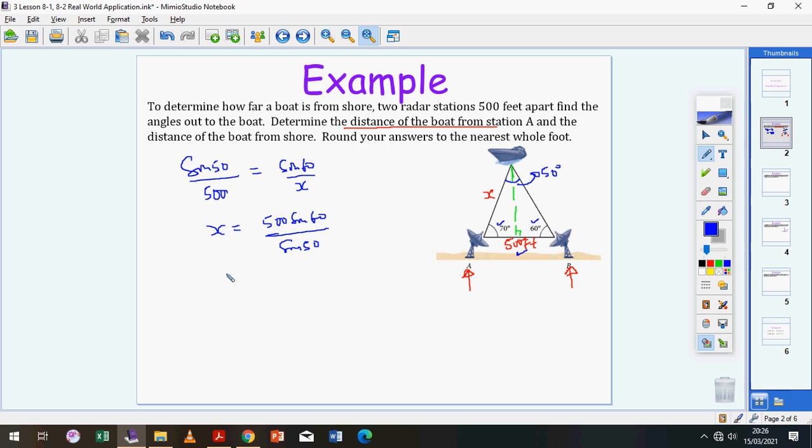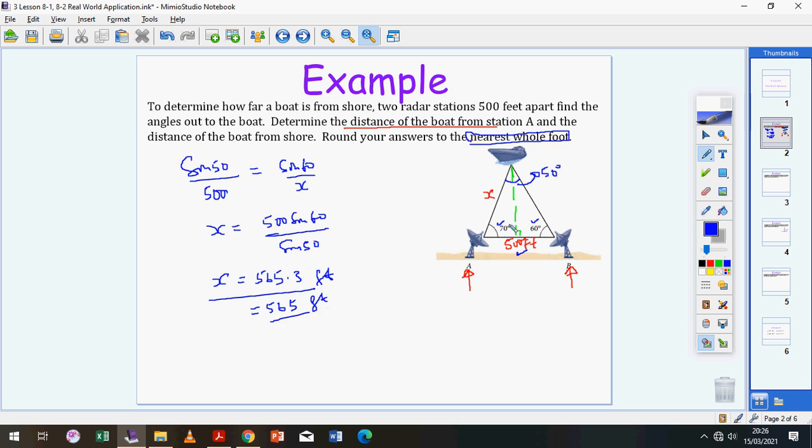So when I put that in my calculator all at once, I have 500 sine 60 divided by sine 50, 565.3 feet. To the nearest whole foot, so that's just 565. It says nearest whole foot, right? So that's just 565 feet.